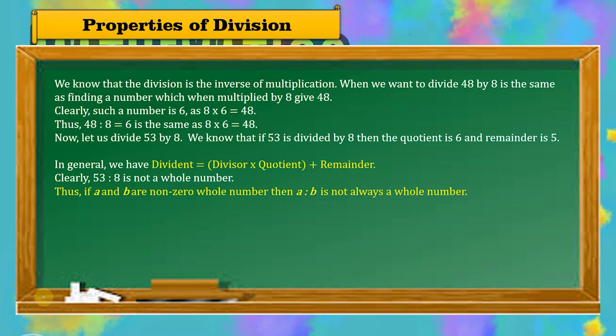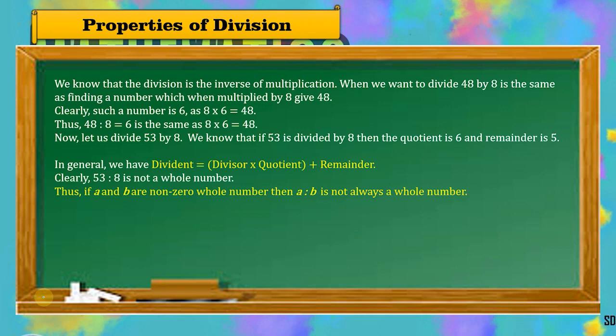In general, we have dividend equals divisor times quotient plus remainder. This is the dividend formula that I already explained when you were in third grade, and you got this again because this is very important for you. You have to remember what you had learned before, like the dividend formula.